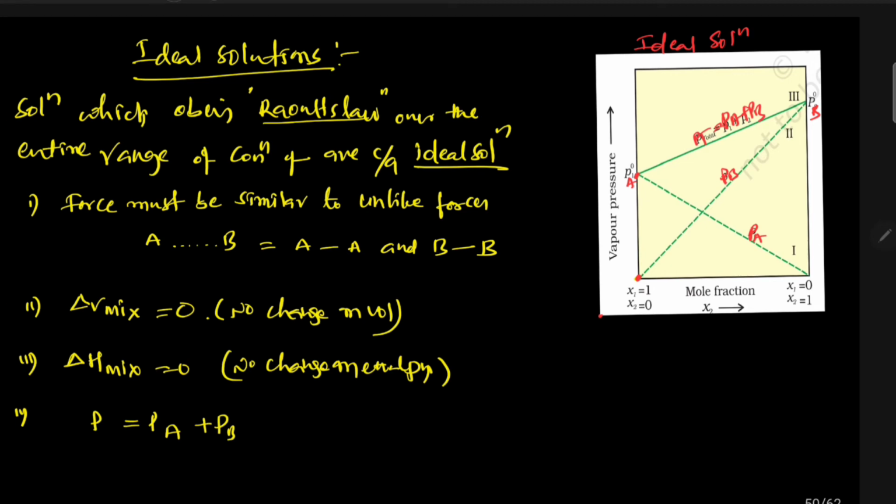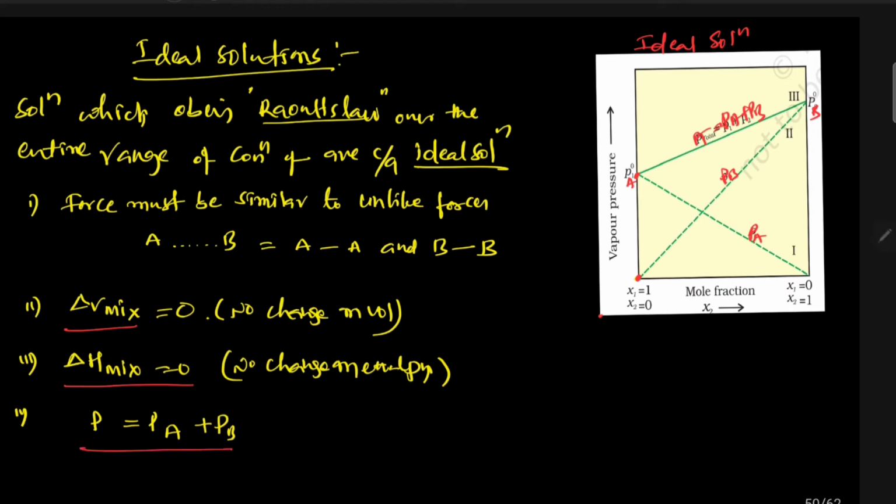In this ideal solution, delta V mix equals 0, meaning there is no volume decrease or increase. Delta H, the enthalpy change, equals 0, so no heat is released or absorbed.